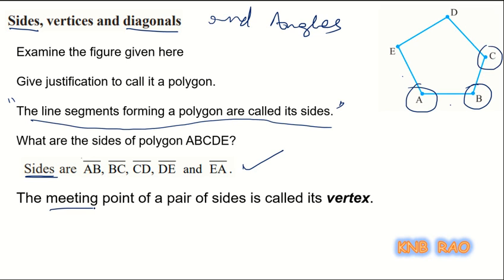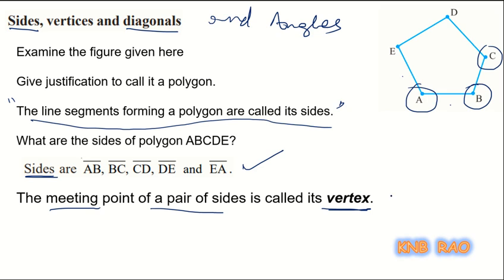The meeting point or a common meeting point of a pair of sides is called vertex. Vertex is a point where sides of polygon meet, or a common point of two sides of a polygon will be called as vertex.